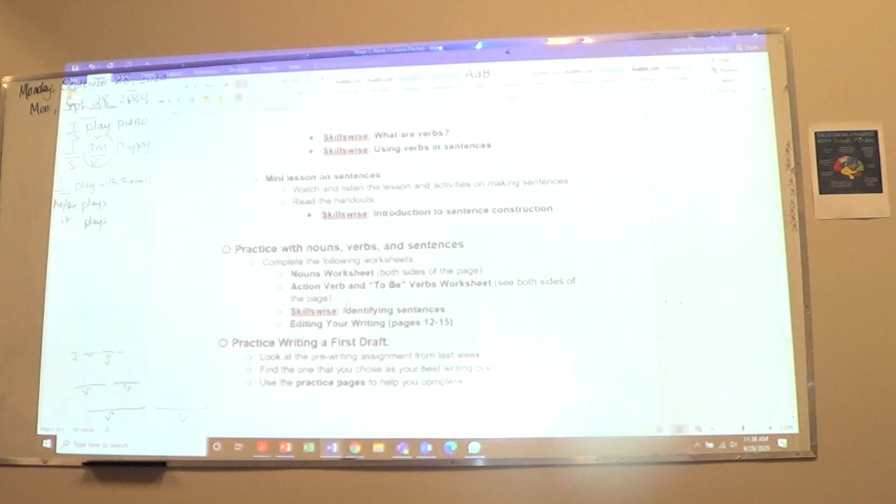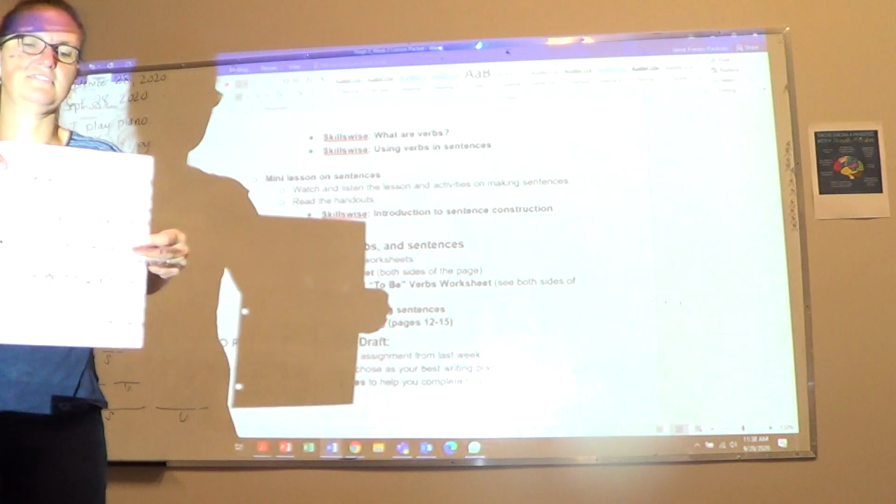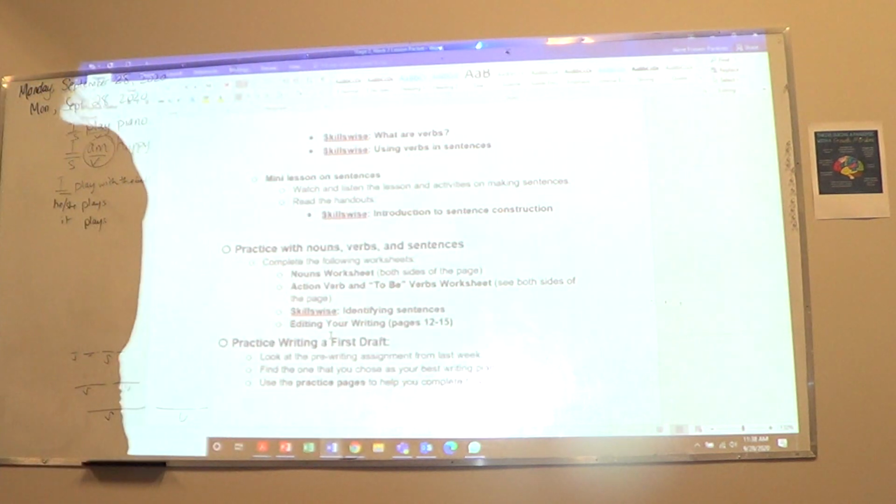Then the last thing is a little bit of a thicker package, pages 12 to 15 of a little packet of papers, which is the follow-up to the work you did last week from the writing book. Editing Your Writing, it's called. You guys find it? Great.